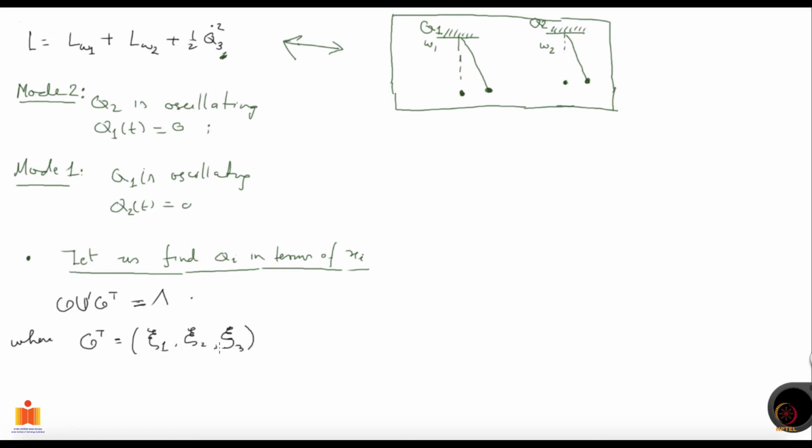So these xi1, xi2, xi3 are the column vectors. This is a column, this is a column, this is a column. That's how you get a matrix. And as we talked some time back, these are eigenvectors.